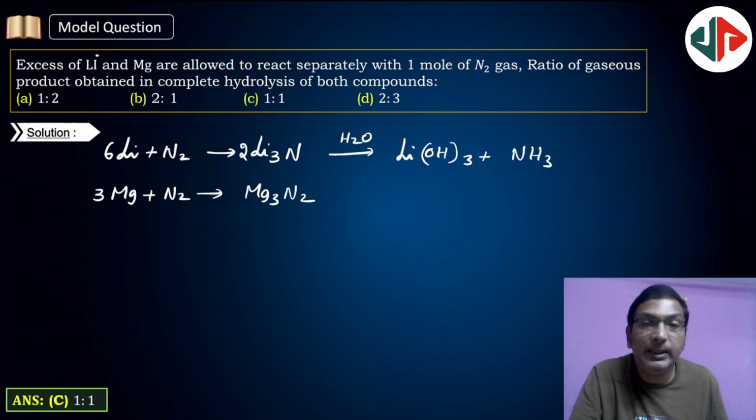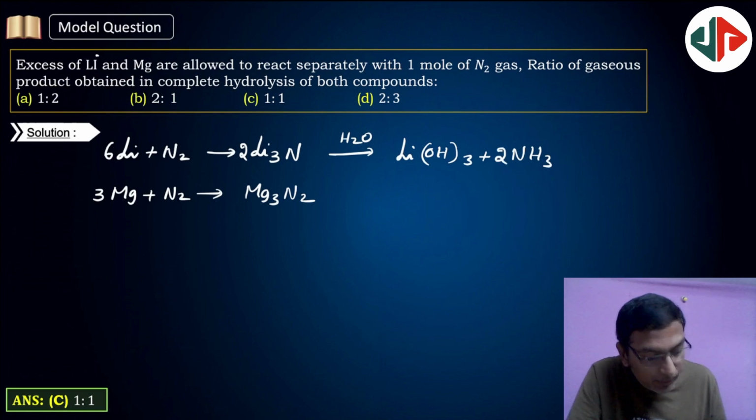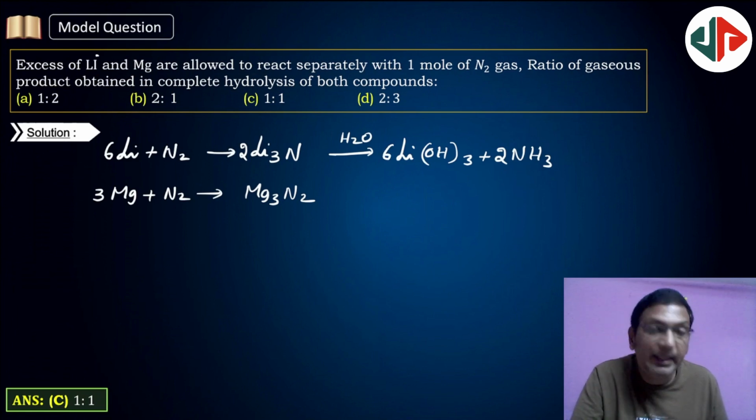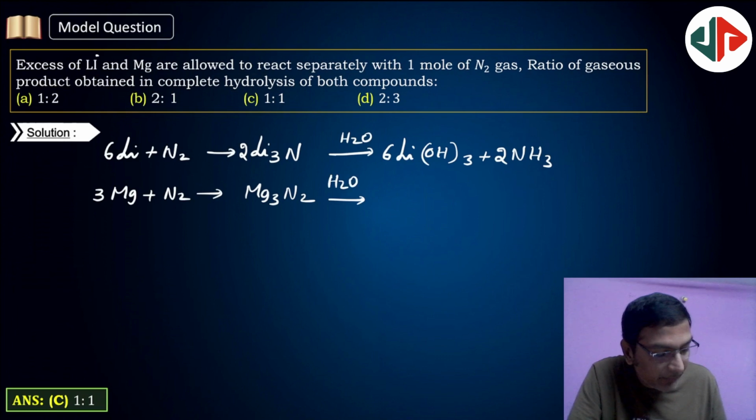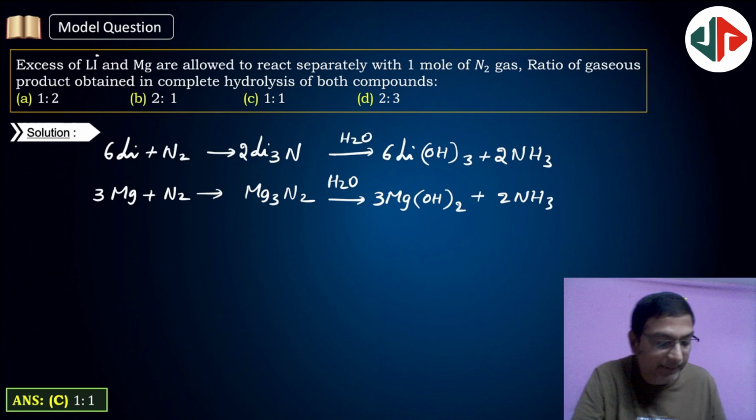So here 2 nitrogen atoms are present, therefore 2 moles. So lithium atoms 6, therefore 6 LiOH thrice. Next here also H2O, Mg(OH)2 plus again 2NH3. So Mg3 means 3 moles.